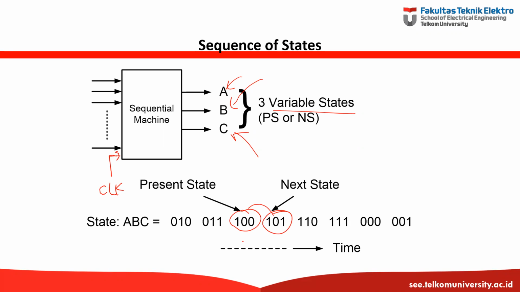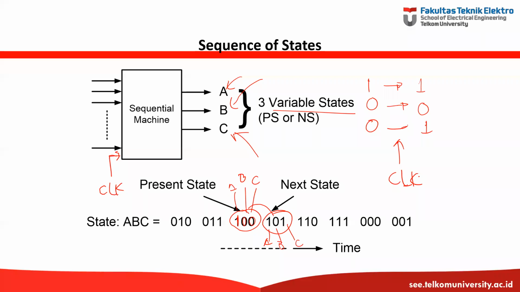That means this is A, this is B, and this is C. So A right now is 1, B is 0, C is 0. After the clock, A will remain 1, B will remain 0, but C will change to 1.